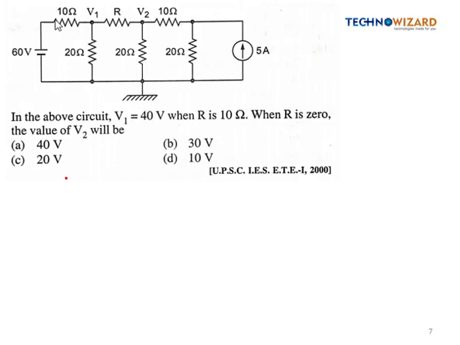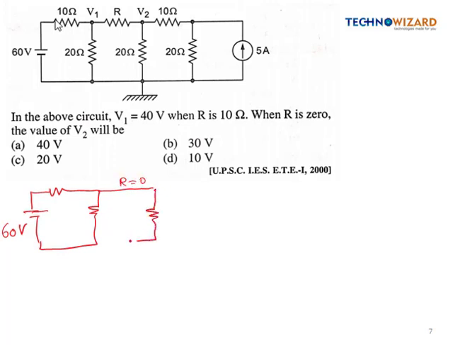So simply draw this circuit. So this is 60 volt source, right? So it is 60 volt. Now it is given as 10 ohm, this is 20 ohm, and this is short circuited as they have already said because resistance R is 0.